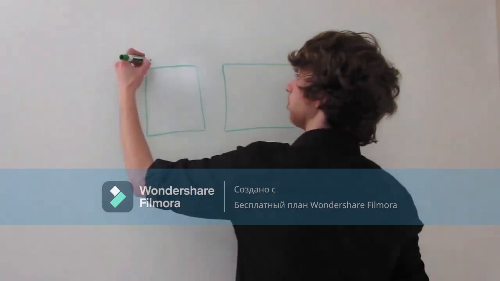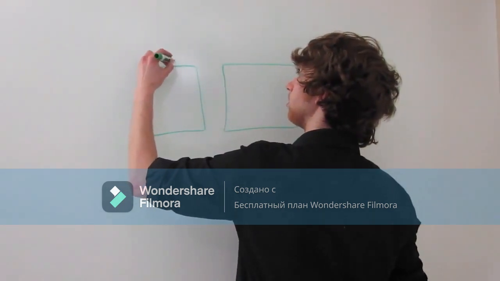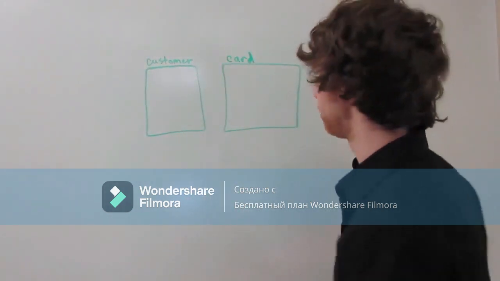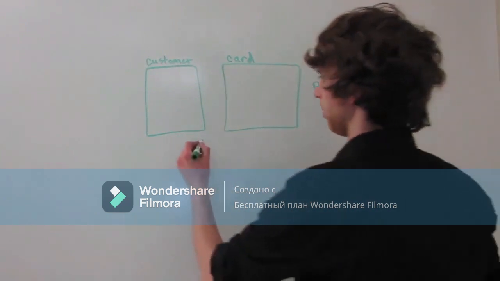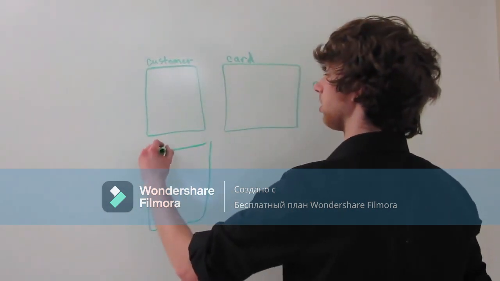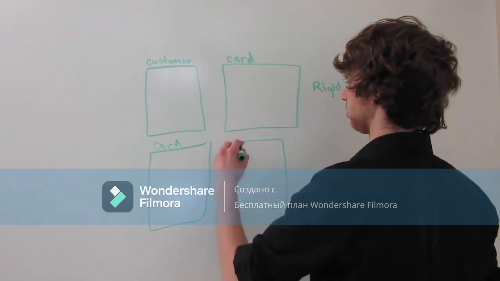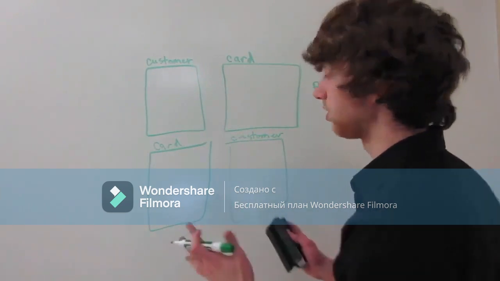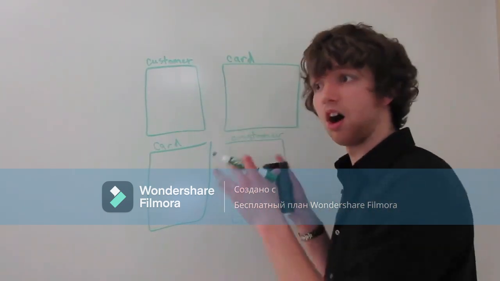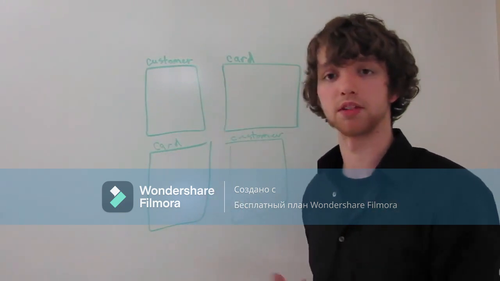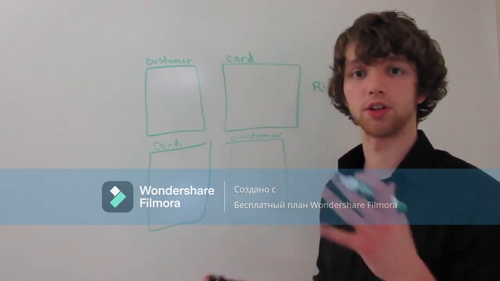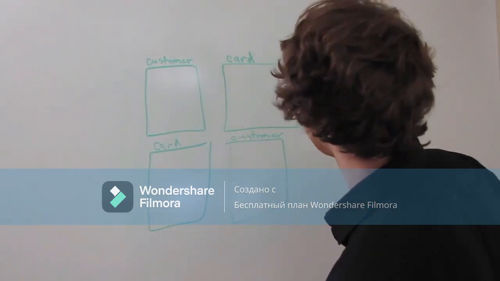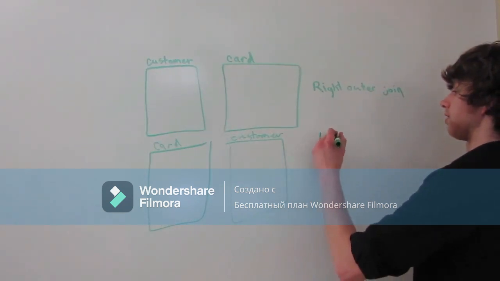You could have your customer and then the card, and you can use a right outer join, or you could have it to where you have, over here, the card and the customer with the same exact columns and same exact foreign keys. Nothing changed except in design, you just switched the things, and when you make the SQL statement, you're going to switch the location of the tables within that statement, but overall the function works exactly the same. And now you're going to use a left outer join.